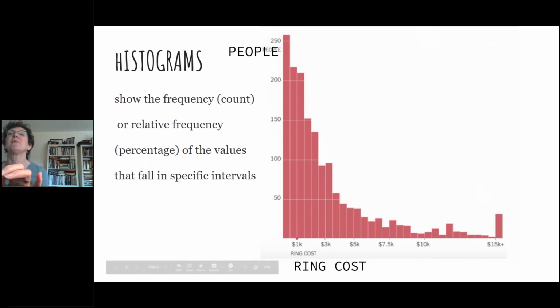And how many people, about, again, they don't give us an exact number. They just put the bar here, but they didn't tell us the exact number. How many people spent between $500 and $1,000?